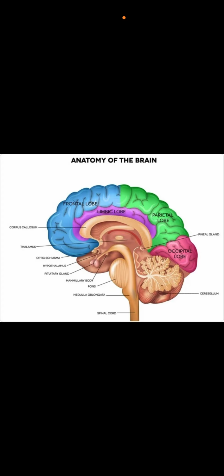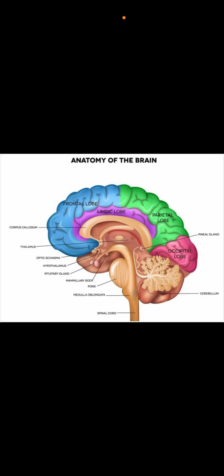And then on the far right, beside the hypothalamus, is the mammillary body, which is a very tiny dot below the spinal cord area. And then right below the mammillary body is this large ball, which is the pons, and it's connected to the medulla oblongata part of the spinal cord.